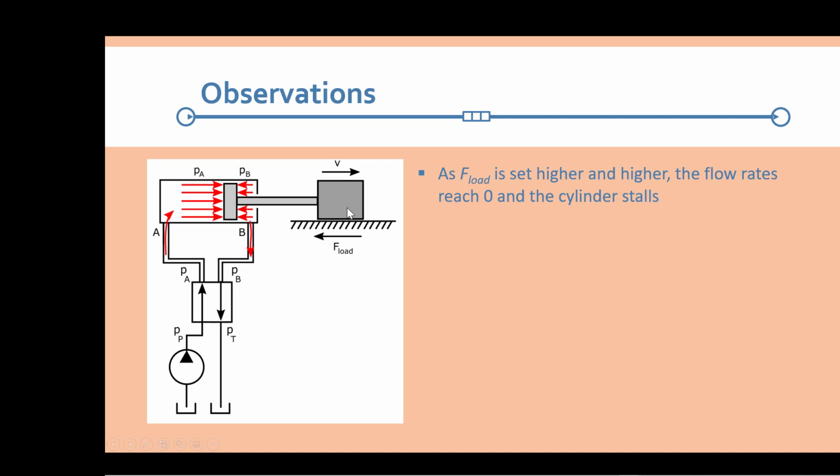So basically, you set the load up high enough, and the load stalls, and at that point you have zero flow rate. And with zero flow rate, you have no pressure drop across the DCV. The DCV is still open. So what that means is that PA rises to PP and PB drops to PT, which is zero.